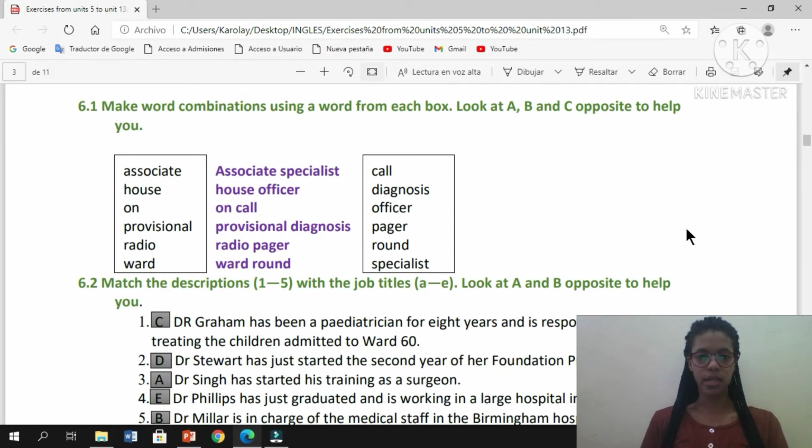Exercise, Unit 6. Make word combinations using a word from A. Look at A, B, and C opposite to help you. Associate specialist, house officer, on call, provisional diagnosis, progress, workroom.